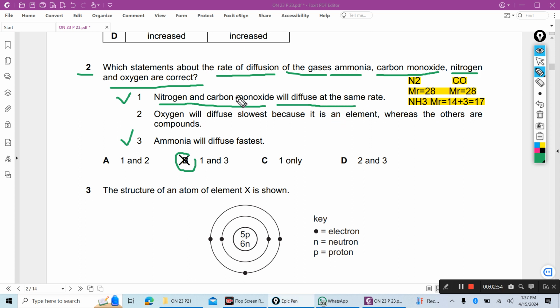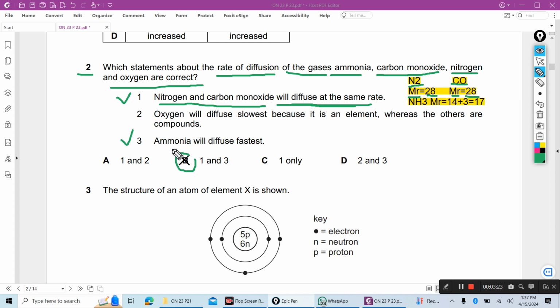Why? You see, nitrogen N2 has relative molecular mass 28, and carbon monoxide Mr is also 28. Their relative molecular masses are the same, so the diffusion rate will be the same.